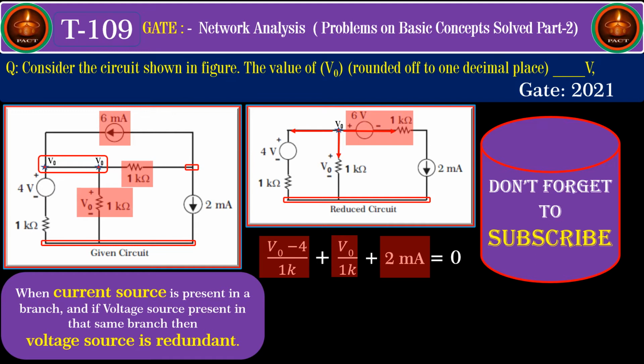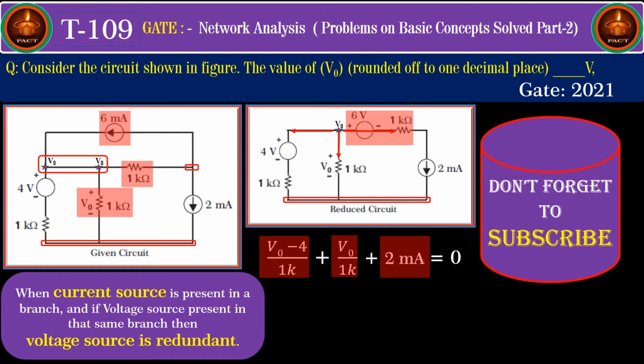Another concept that you have to understand is, this phi naught is in volts, so phi naught divided by 1K will give you milliamperes. Phi naught by 1K milliamperes. So all these three terms are milliamperes.